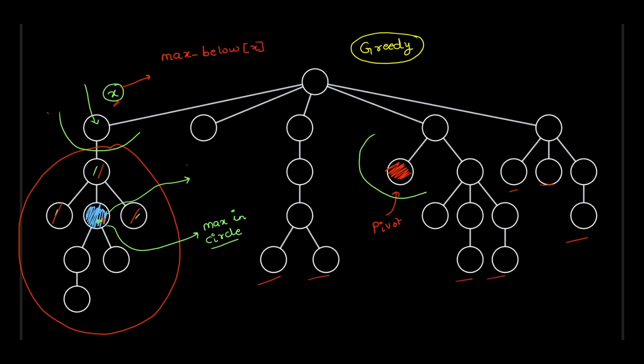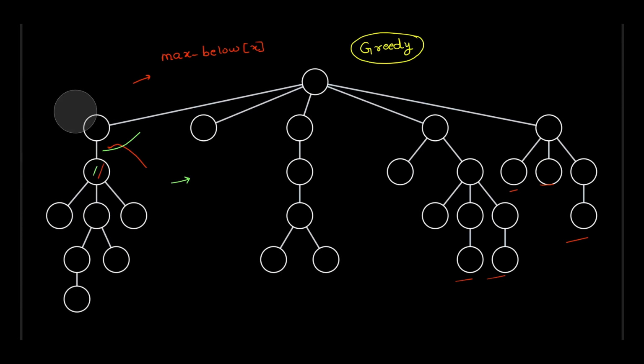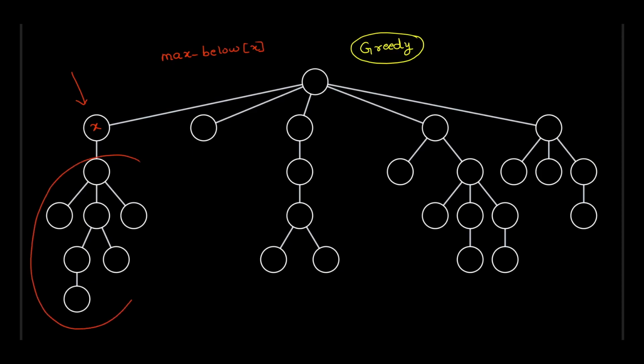So now you can see that when the process finally reaches X, and X has become a leaf node, that is, all the elements in this red circle have been deleted, then what are the possible pivots that could exist?